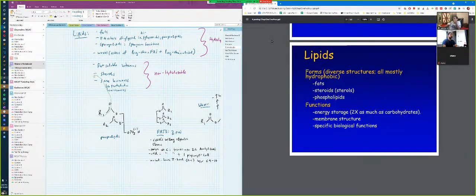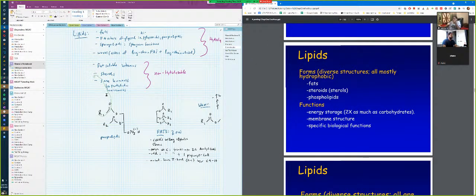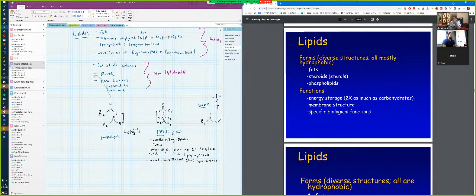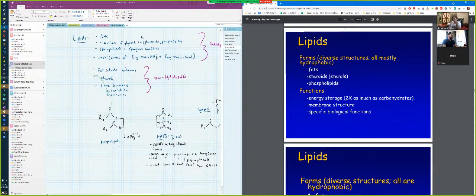Can you see both of these? So you see how it says diverse structures, fats, steroids, phospholipids, etc., and then the functions. I talk about that more in depth over here.